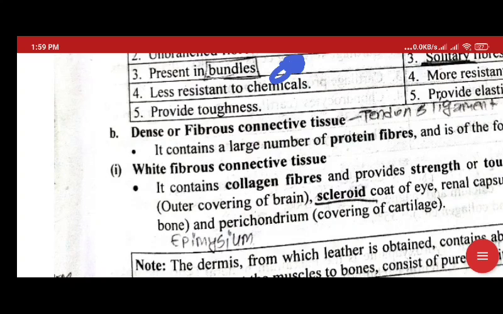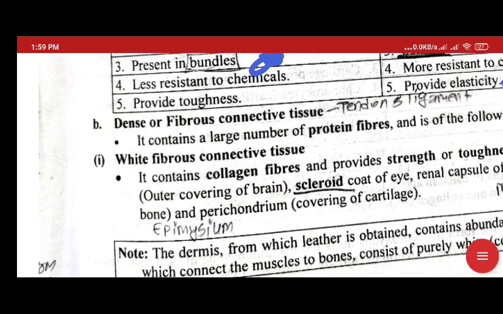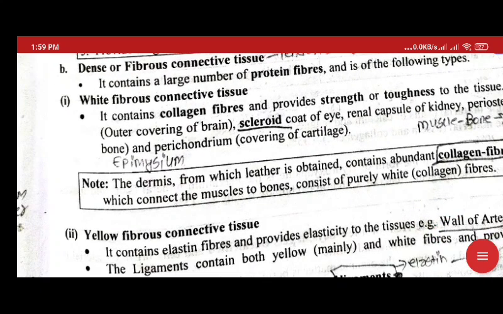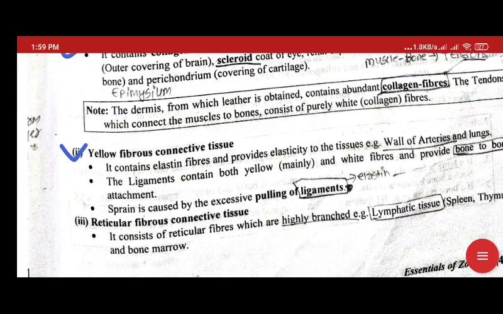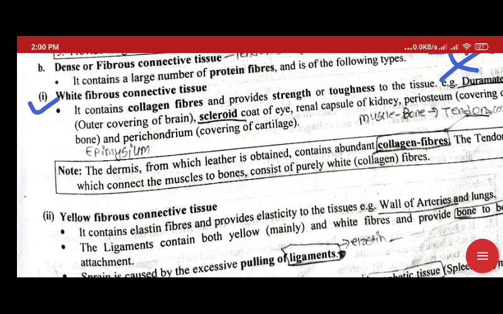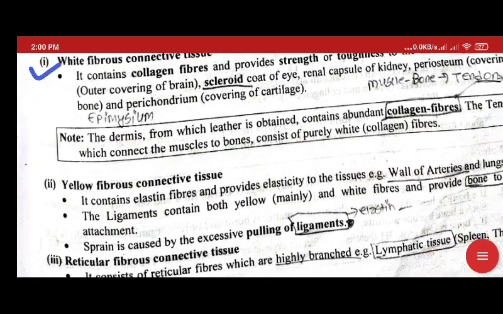In ligament and tendon we have two types, white fibrous and yellow fibrous. Additionally we also have reticular fibrous tissue. In white fibrous we have collagen fiber, already discussed. In yellow fibrous we have elastin fiber, already discussed.